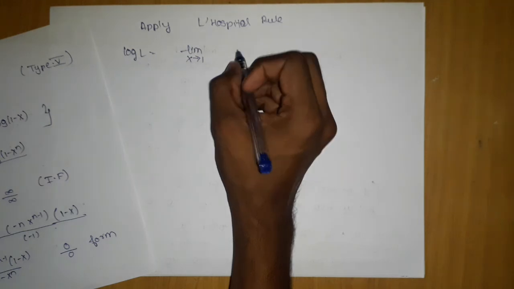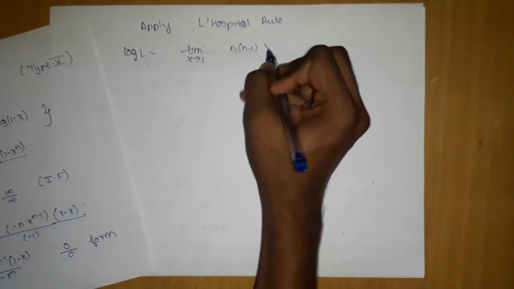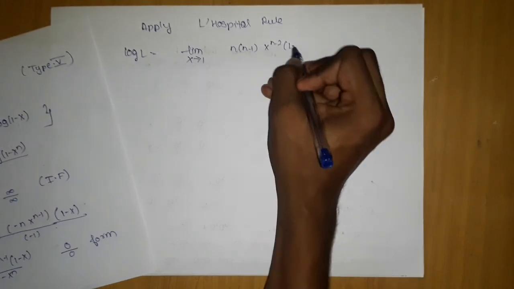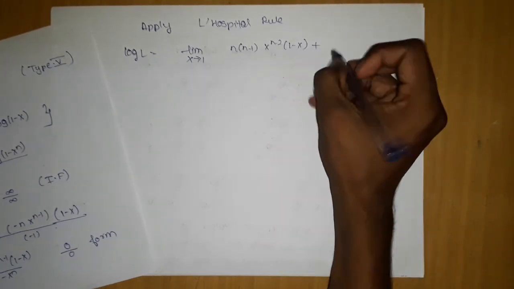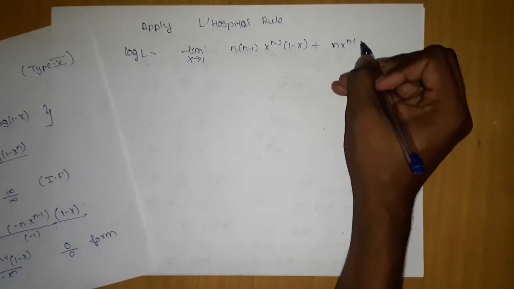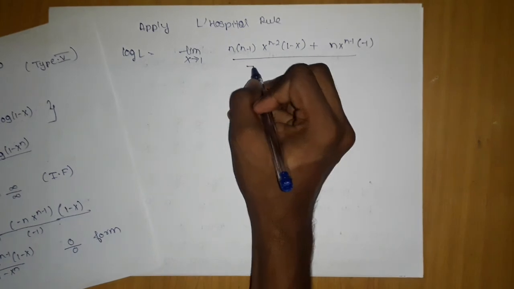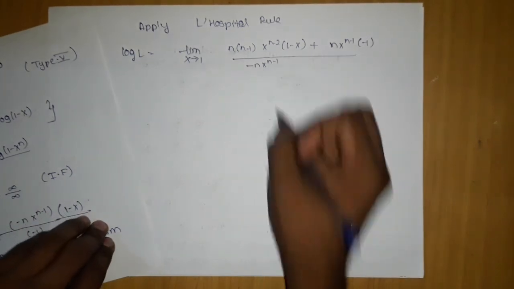we will apply product rule, which will give us n into n minus 1 x power n minus 2 into 1 minus x, plus n x power n minus 1, this will become minus 1, the whole upon n into x power n minus 1.